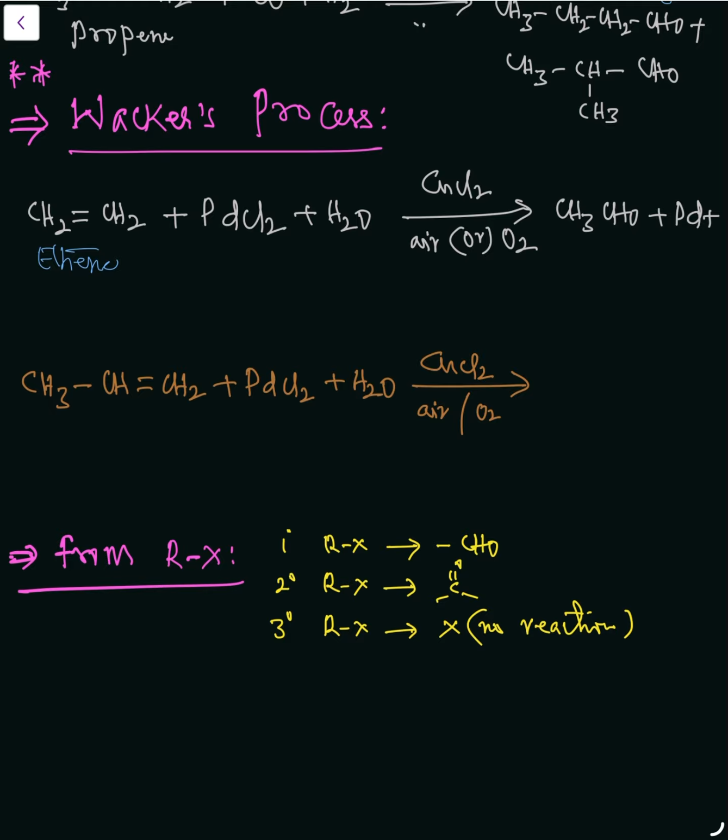Then what is left? HCl, 2 moles. Same way, for example, if we take propene, propene can be converted to acetone. CH3 C double bond O CH3 plus Pd plus HCl.